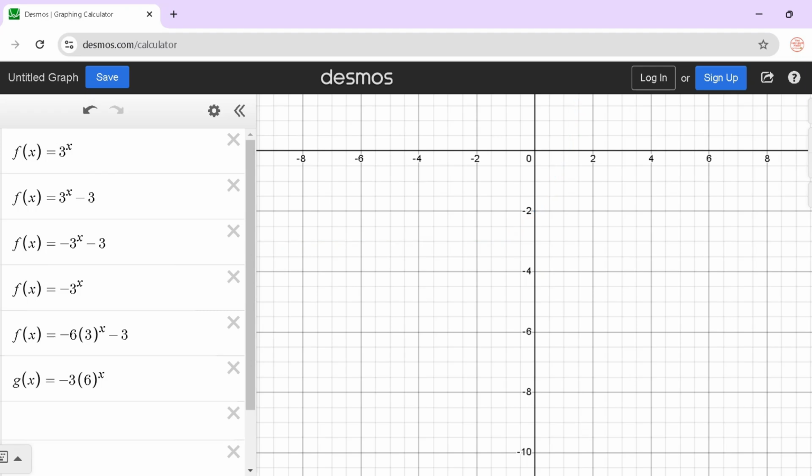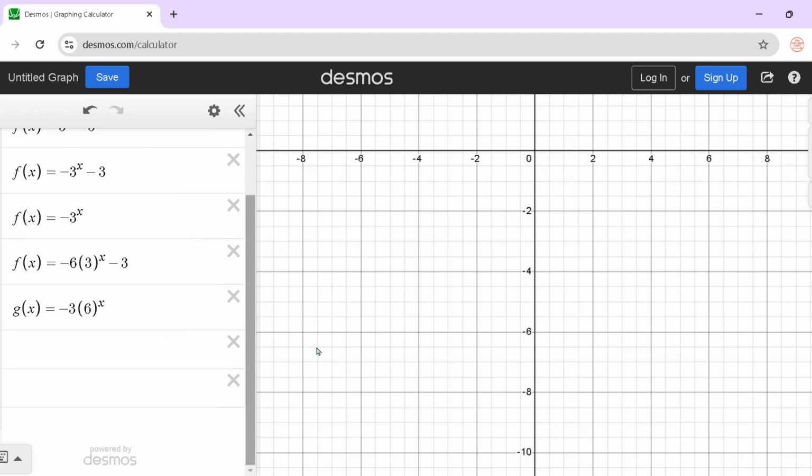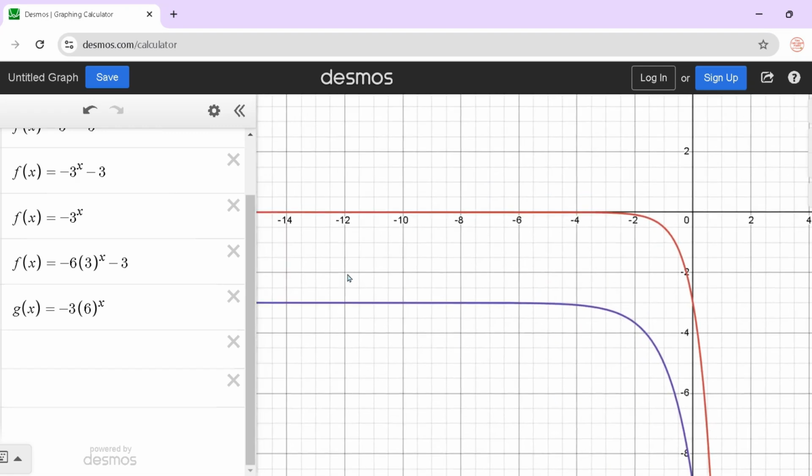Okay, here are the two that are actually from the problem. What's going on with these two? On the left, they're each approaching a value but never crossing that line. This one, g of x, negative 3 times 6 to the power of x, is approaching 0. Even though Desmos doesn't show this, it's never crossing it or touching it.